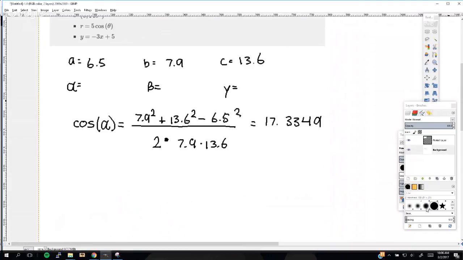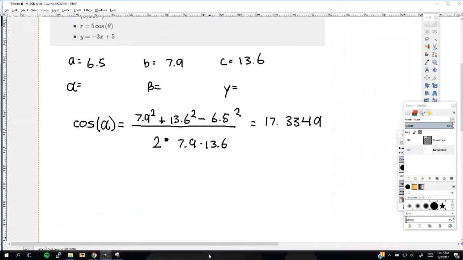Did you square it? I did. So the number that I originally got when I did this was 0.9545. Is that what you got? No. I don't know why it would be giving me that.